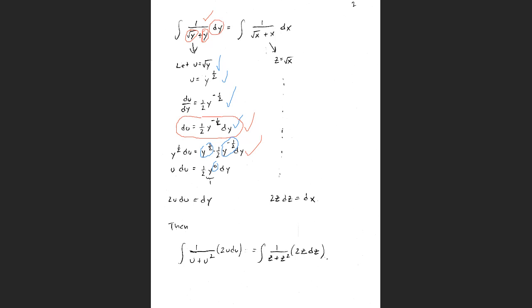Incidentally, y to the half, remember, was u. So you're going to get u du equals 1/2 dy. Hence, dy is 2 du. And similarly, on the right side, dx is 2z dz.